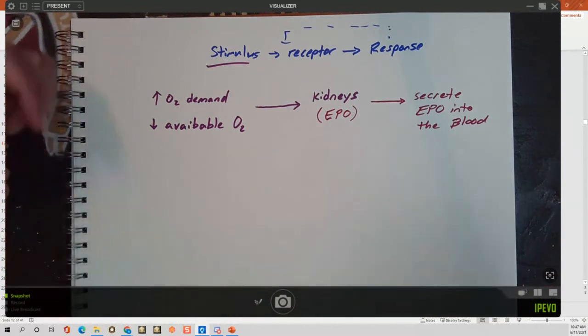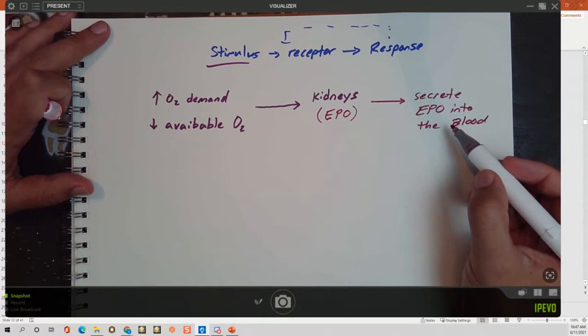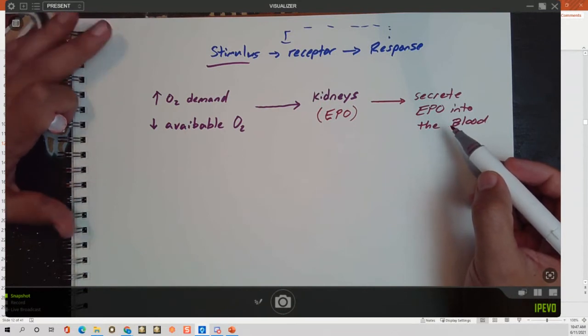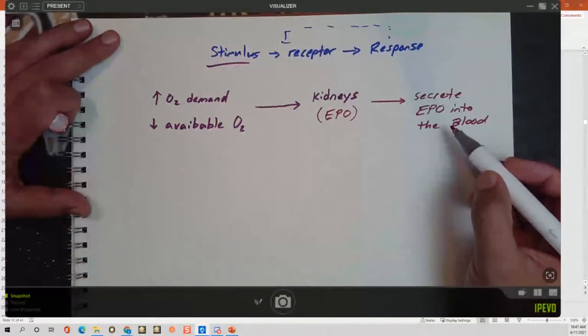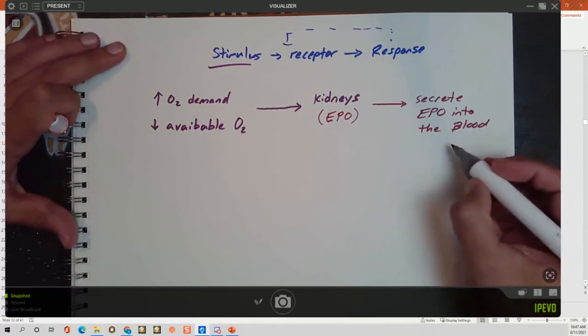What makes a target organ a target organ? Receptors. So where are the receptors for EPO? Logically, let's think about this. What are we trying to make more of? We're trying to make more blood cells, more erythrocytes, red blood cells to be more specific. And where are all red blood cells produced? Red bone marrow. So where are the receptors for erythropoietin? In the red bone marrow.